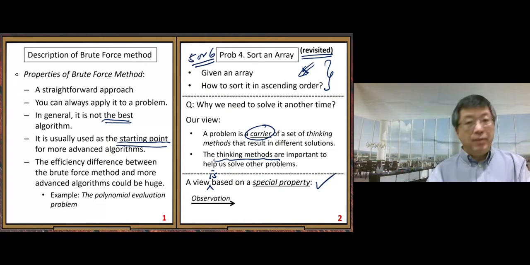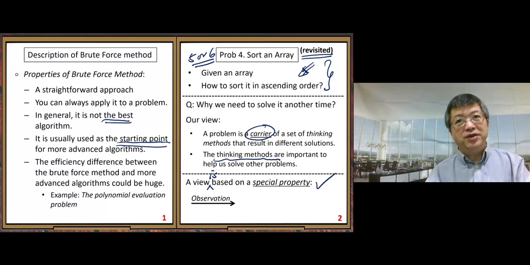What is that property? Think about that. What is that property? This step is not that easy. You need to find a good property. It's not easy.